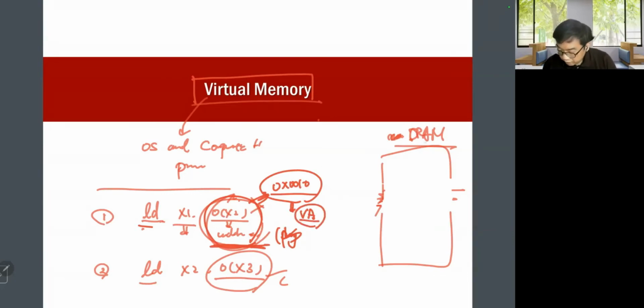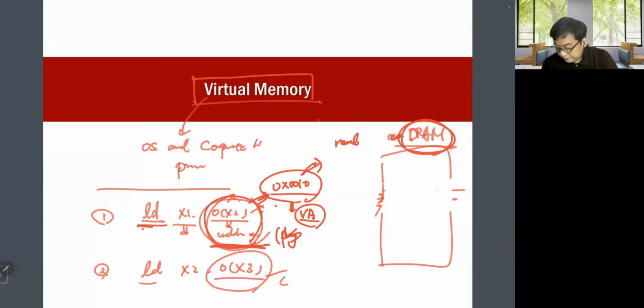And then when the real DRAM is accessed by this load instruction, we need to translate. So we need to map this virtual address to the real address, because the data really exists in the real memory. It's physical memory, it's physical DRAM.